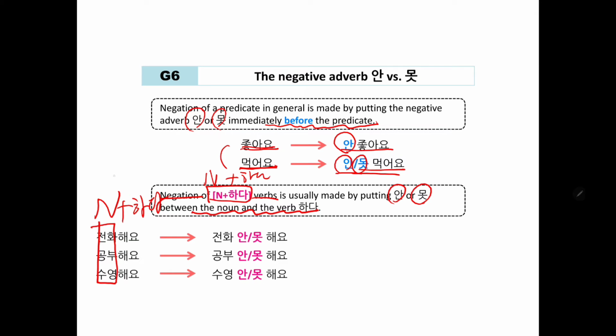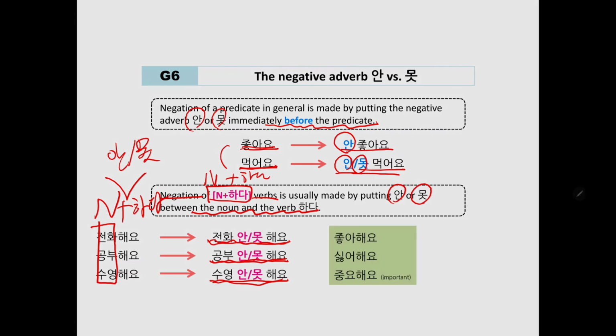So in these cases, you would have to put 안 or 못 in between. 전화 안 해요. I'm not gonna call. 전화 못 해요. I cannot call. 공부 안 해요. I'm not gonna study. 공부 못 해요. I cannot study. 수영 안 해요. I'm not gonna swim. 수영 못 해요. I cannot swim.